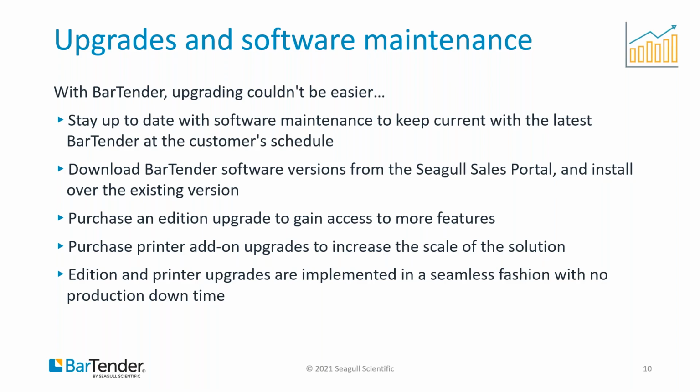It will contact the activation server on the internet and ask for the current state of that license. If the state has changed, such as an edition upgrade, but also, as you see there, a printer add-on upgrade, it will simply change the state of the license you have installed to match.